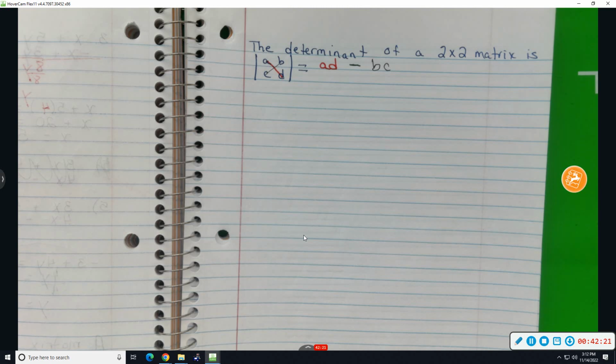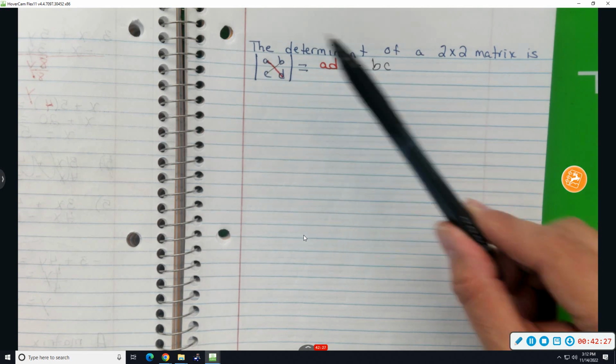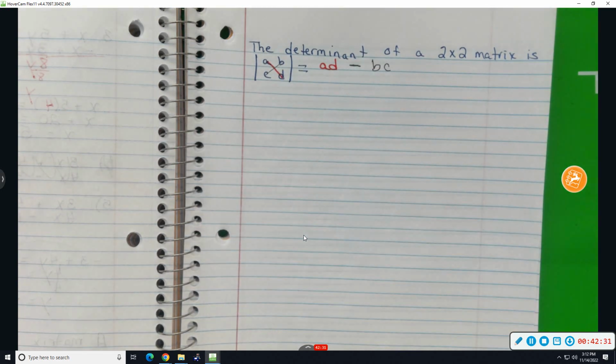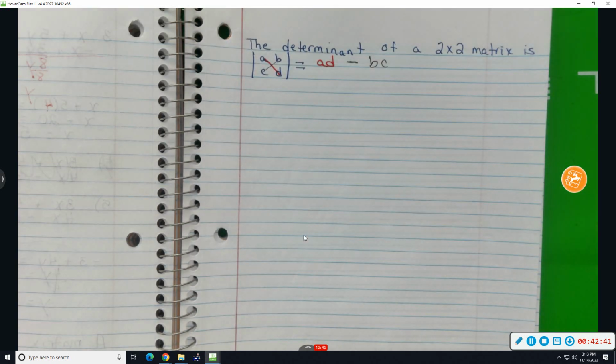You're doing a little crisscross method for finding a determinant. Multiply this diagonal minus multiply the other diagonal. Make sure you always do the AD before the BC. If you go BC minus AD, you'll get it wrong every time.